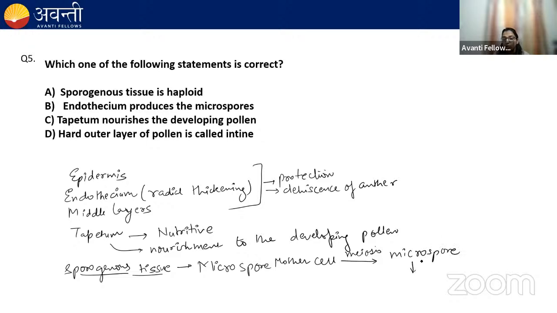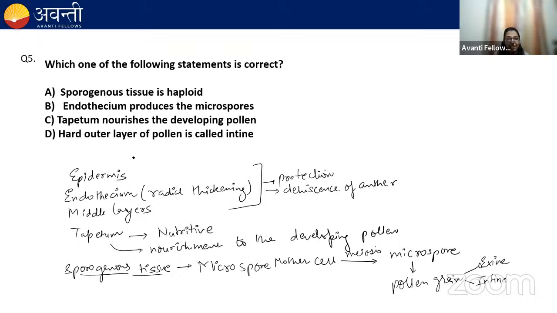These microspores, on maturation, form a pollen grain. The pollen grain has two layers: outer is exine, inner is intine. Exine is hard and consists of sporopollenin. Intine is thin and consists of cellulose and pectin.